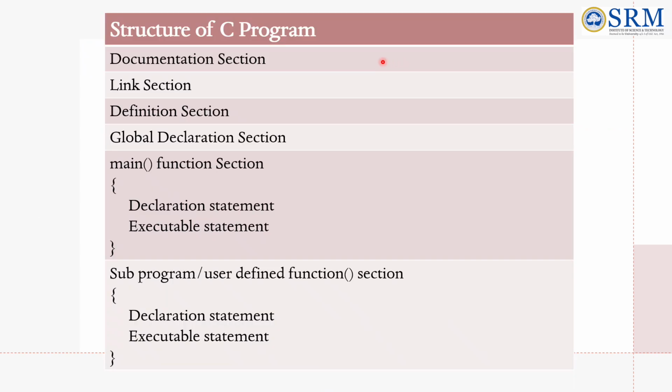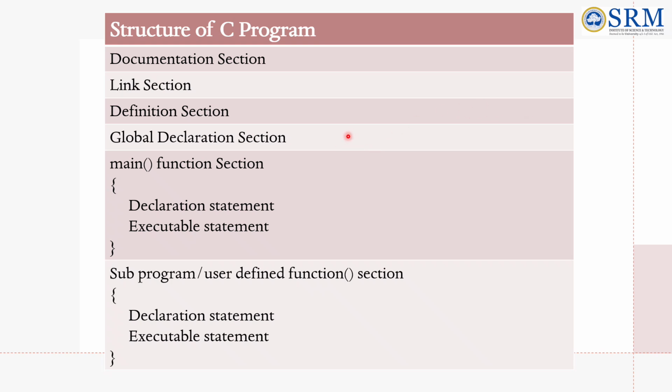Thus, we have understood the different sections of C program like documentation section, that is comment statements, which includes single line comment and multi-line comments. Then we have the link section, which is #include stdio.h. Then the definition section, #define x 5 and #define y 10.